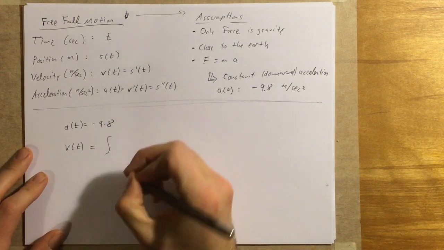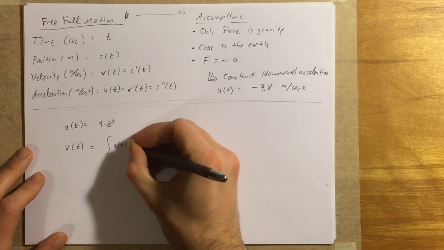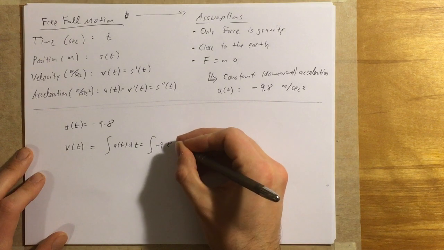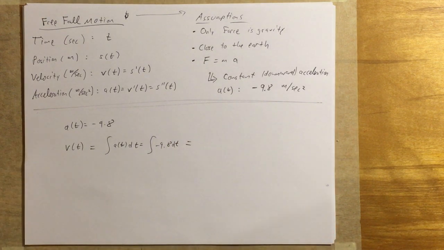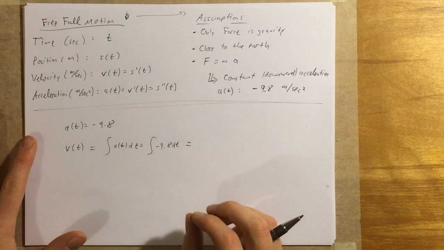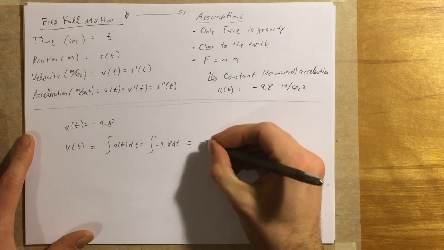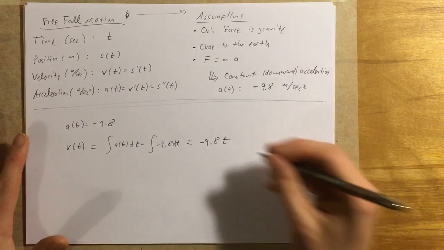So it's the integral of a of t dt, which is the integral of negative 9.8 dt. Since it's the integral of a constant, it's just going to be that number, negative 9.8, times t, and then plus a constant.